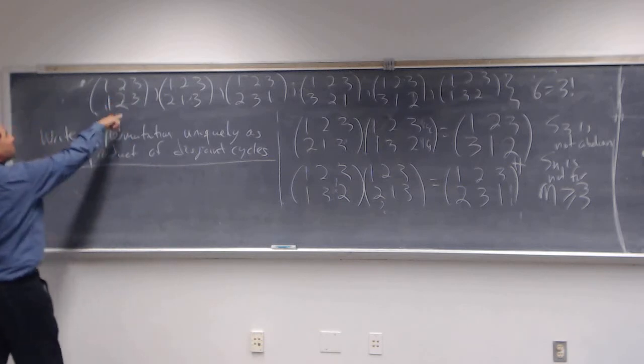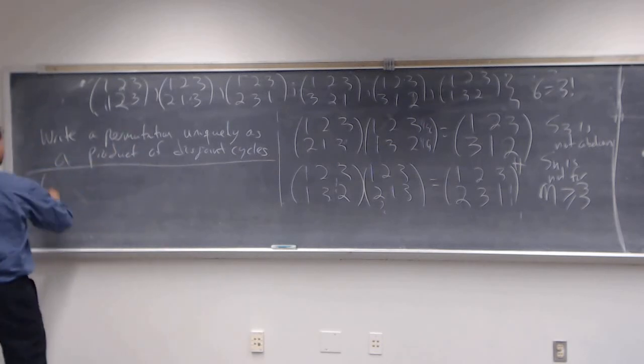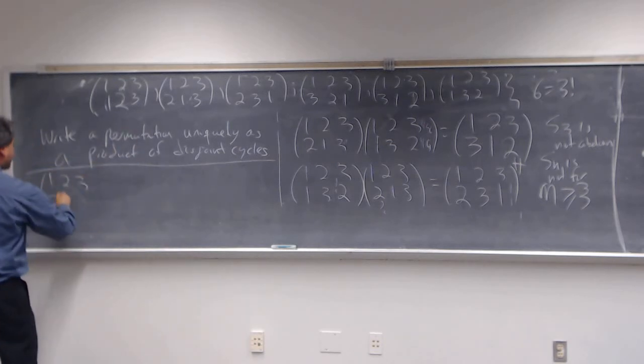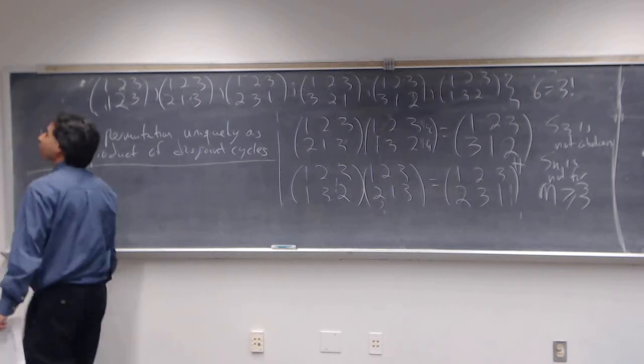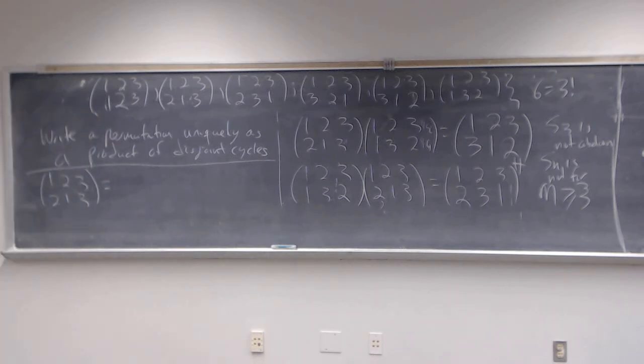The identity permutation is the one case that maybe does not have a unique way of writing it. So let's look at this permutation here. What we do is we write what's called the orbit of something. Again, this is in the notes, and we'll maybe talk a little bit about it.